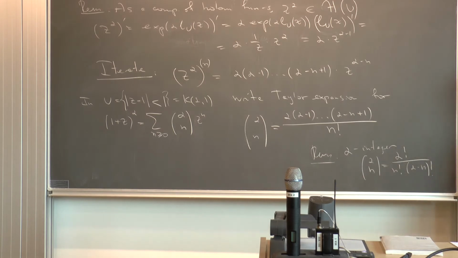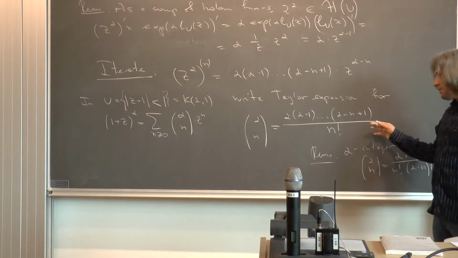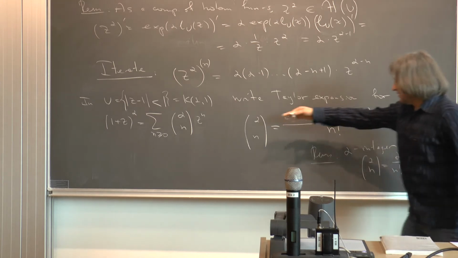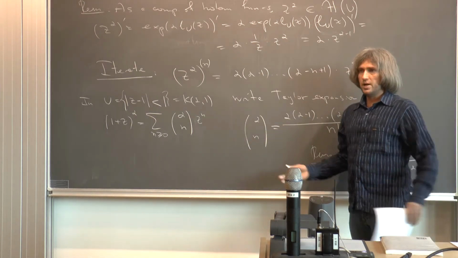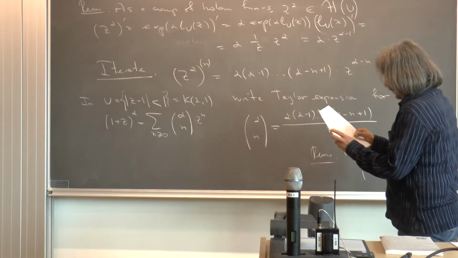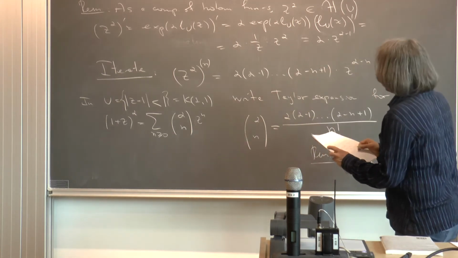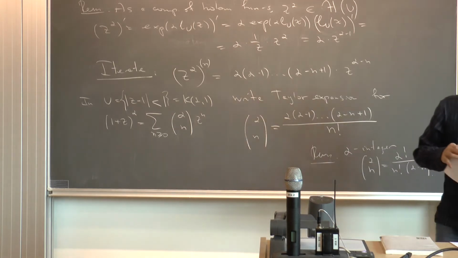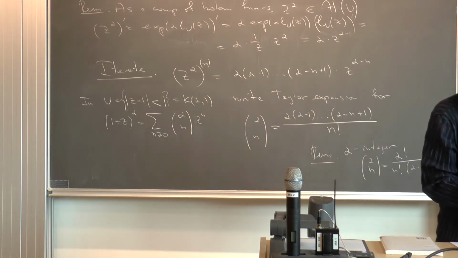But when alpha is not an integer, infinitely many of these are non-zero, so we actually get a series which we know. Good. So this is the last thing I wanted to talk about from chapter 5.